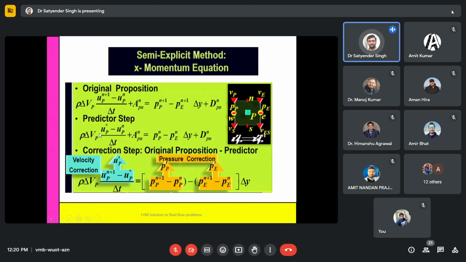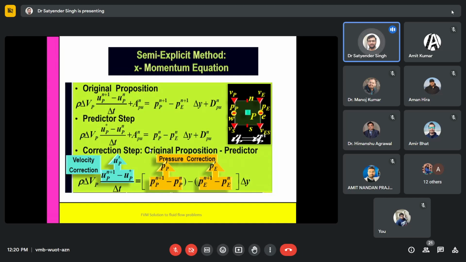Up n plus 1, we will write like up star, and p at n plus 1, which is unknown, we will take to pn, meaning initial value or one previous value. I say initial value because when your code starts doing iteration, it needs some initial value in the beginning.